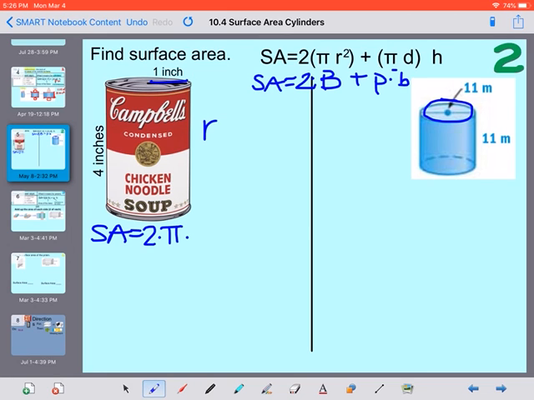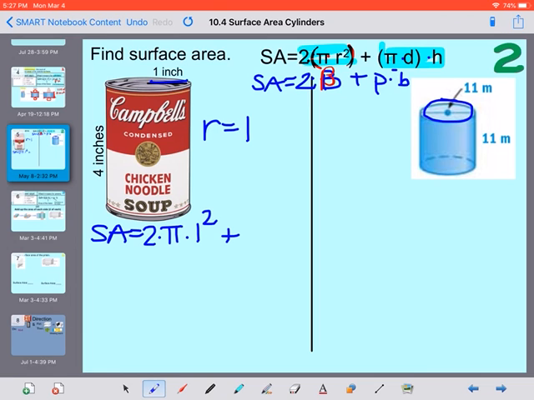We know our radius is 1 inch, so 1 squared, plus. The only reason I put this in parentheses is to show that that's the area of the base. It's all just multiplication, so it doesn't matter which order you multiply in this section and then this section. But once it's all multiplied, then we add together.